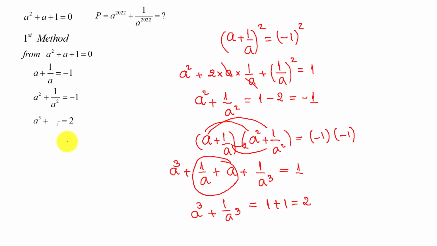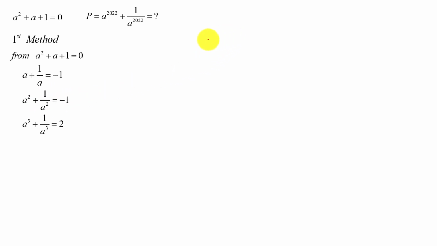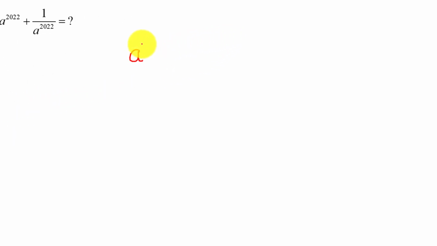We get a power 3 plus 1 over a power 3 is equal to 2. And then I can square this, and we get a squared plus 1 over a squared all squared equals minus 1 all squared.